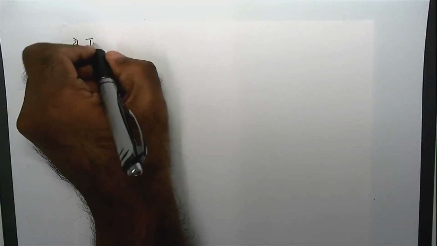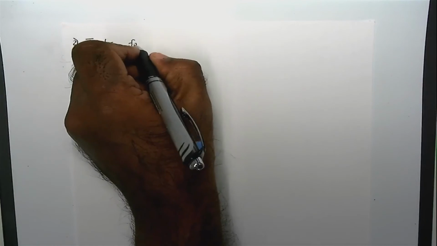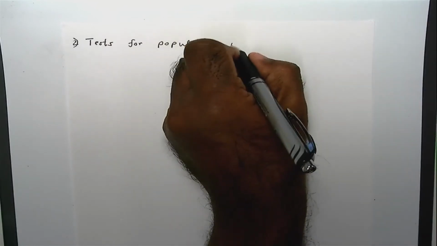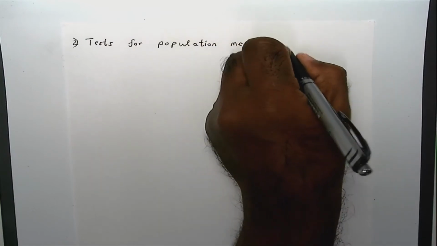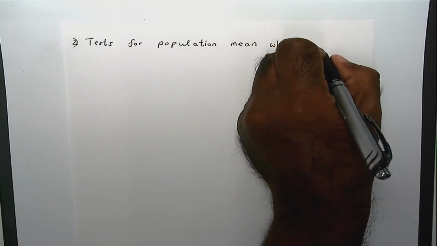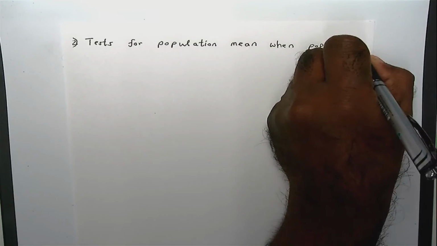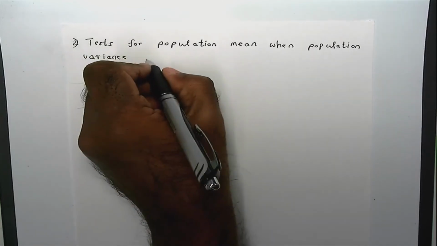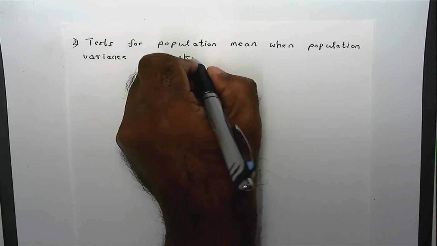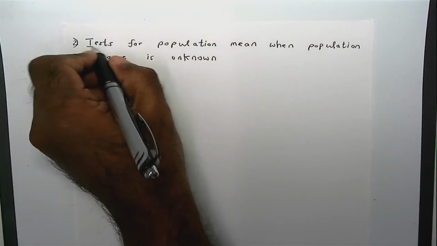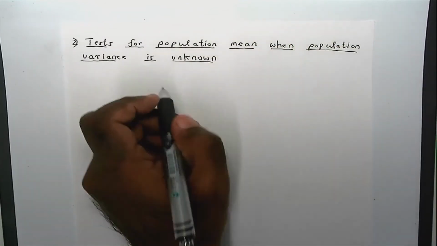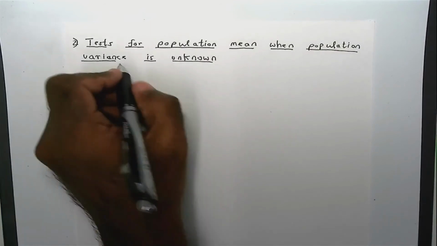Number 2, here we're going to talk about tests for the population mean when the population variance is unknown.